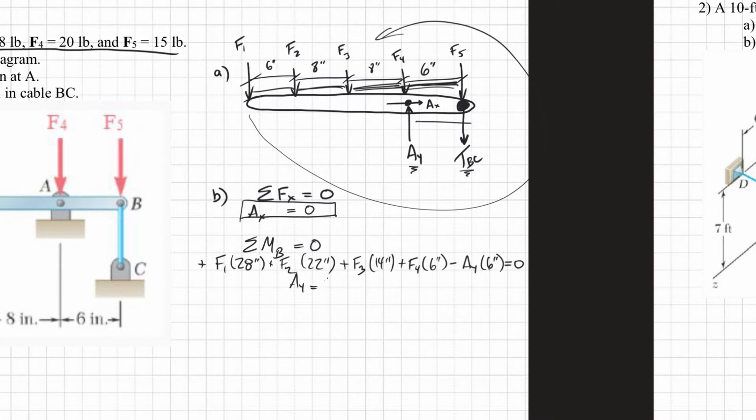AY equals, well, F1 times 28 inches plus F2 times 22 inches plus F3 times 14 inches plus F4 times 6 inches, all divided by 6 inches. So you see the inches on the bottom and inches on the top, so inches are going to cancel out. Okay, so if you plug in your numbers from your exam, this formula will give you the answer that you should have gotten.